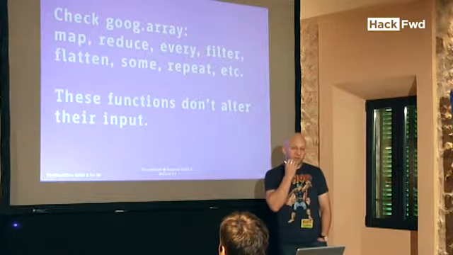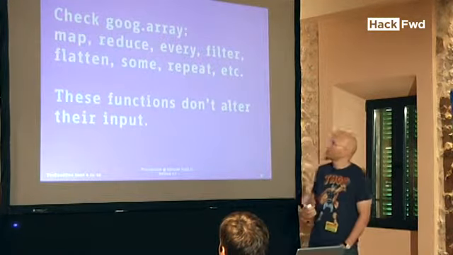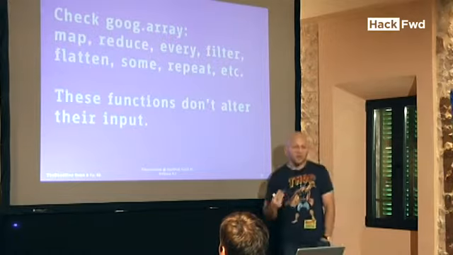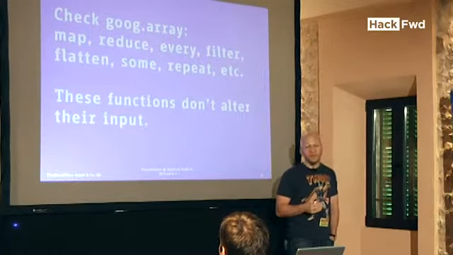When you check goog.array, you have functions like map, reduce, every, filter, flatten, sum, repeat. These functions are not changing their inputs, so they are not working in place on the collections, they always return new collections. So you can really work with them in a functional style.